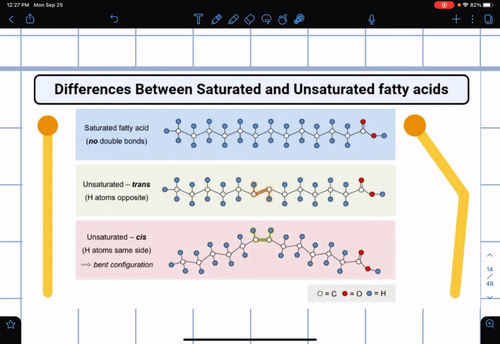The structure is bent because they are liquid at room temperature. But upon the process of hydrogenation, the unsaturated fat becomes trans fat, which makes it no different from saturated fatty acid in terms of being solid at room temperature.